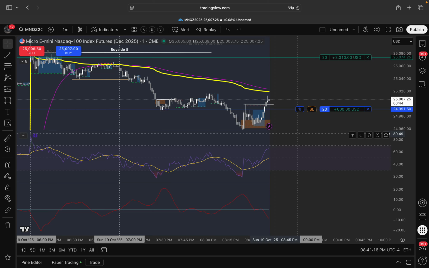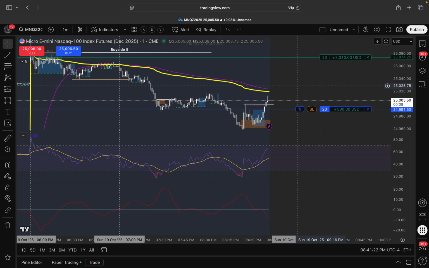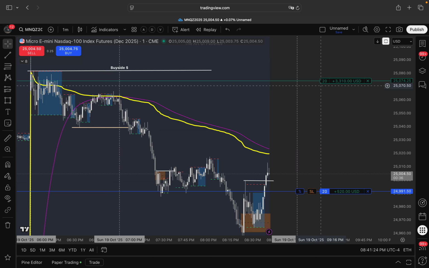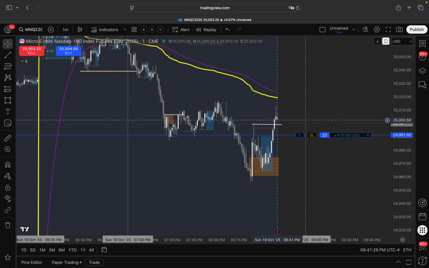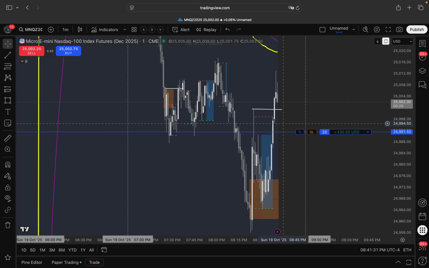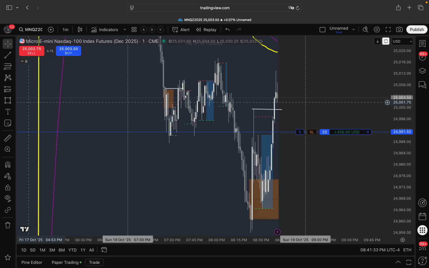Okay, so price already cracked that high that I was waiting for. So now we could potentially see a slight retracement into one of these gaps. I'm going to show you there's a fair value gap here.